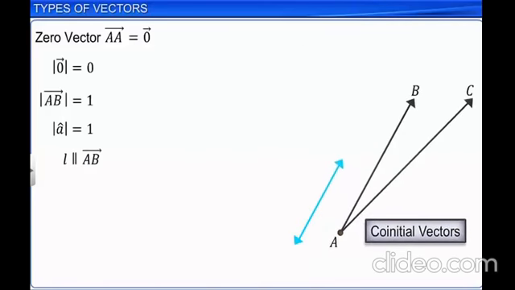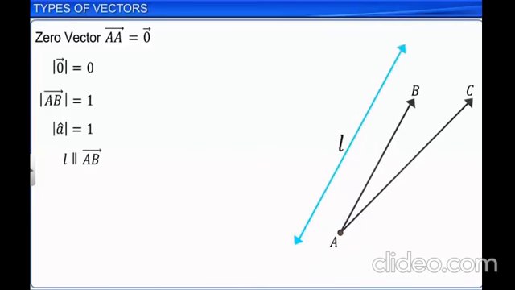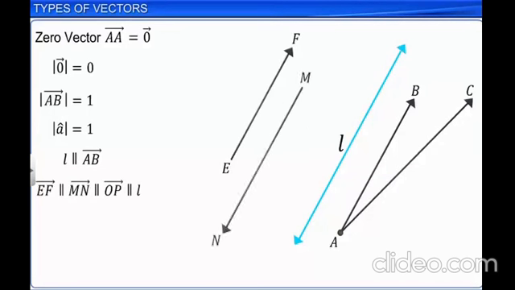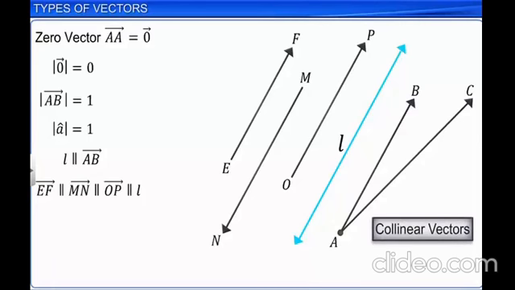Now consider a line L parallel to vector AB. Also consider vectors EF, MN and OP, all parallel to line L, like vector AB. Two or more vectors that are parallel to the same line are called collinear vectors.